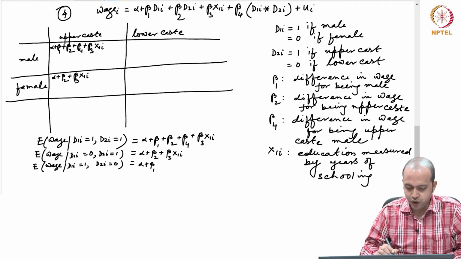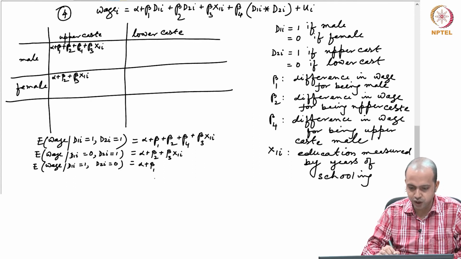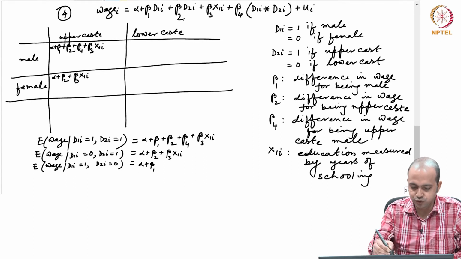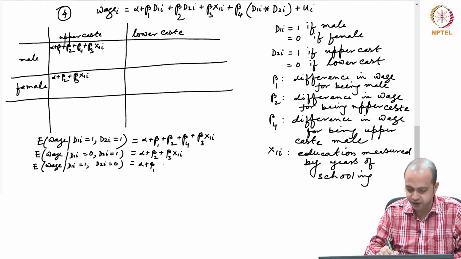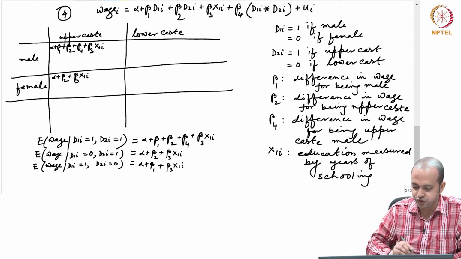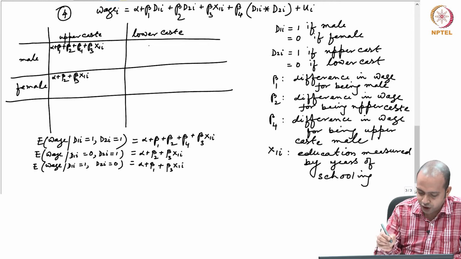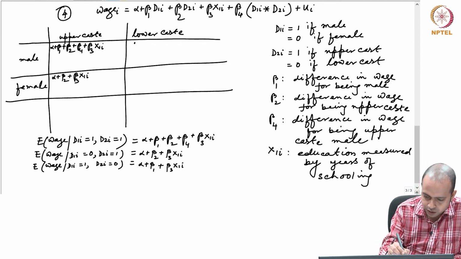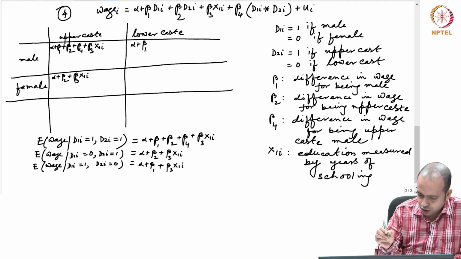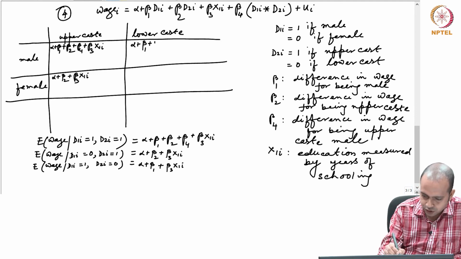Beta 1 is there because D1i equals 1, and D2i being 0 means beta 2 will vanish, plus beta 3 x1i, and beta 4 will also vanish. So for male lower caste, this would become alpha plus beta 1 plus beta 3 x1i.